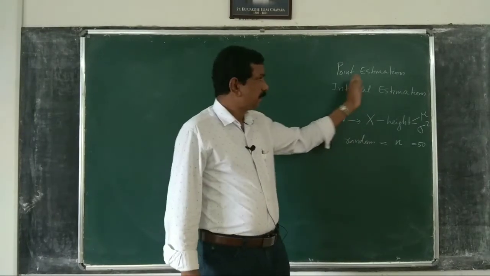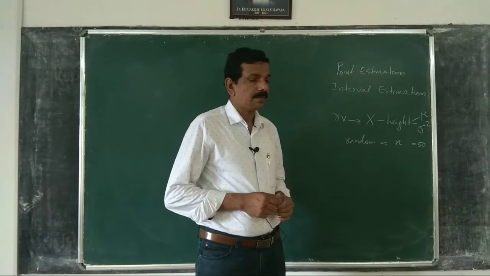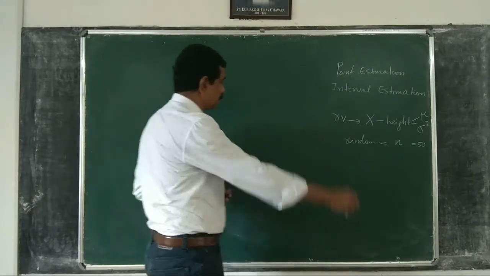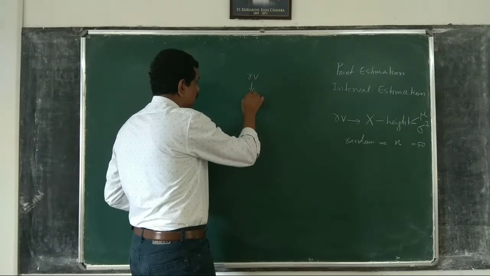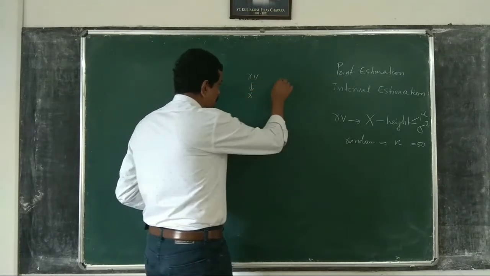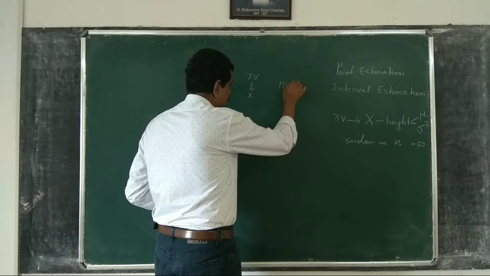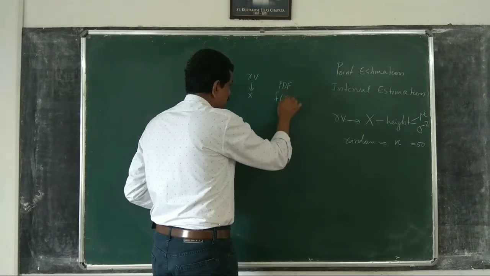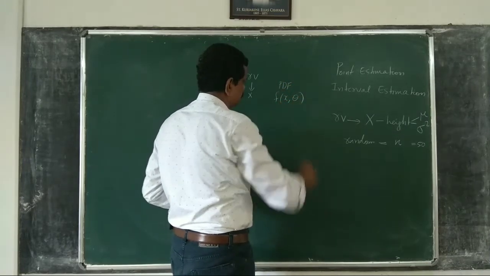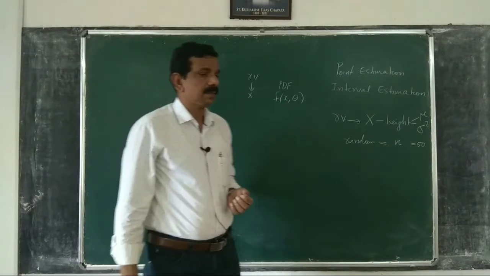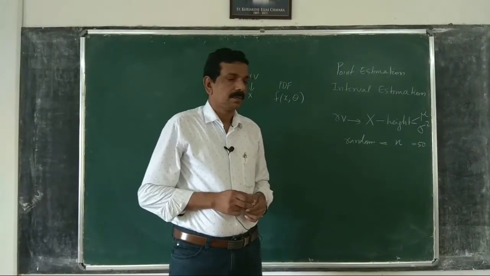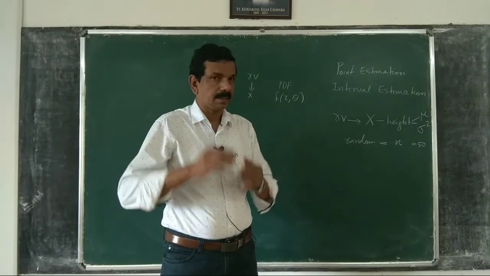In the case of point estimation, what we do is we assume that the random variable x follows a certain PDF f(x; theta). Theta is the parameter of the distribution. My discussion is general.